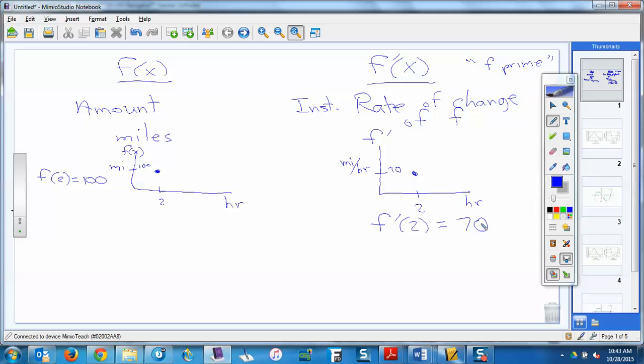So we could think of F prime as an amount. That's the amount of velocity you have at that instant. The rate of change of that would be the rate of change of your velocity. We call that F double prime. What would be the units on F double prime?